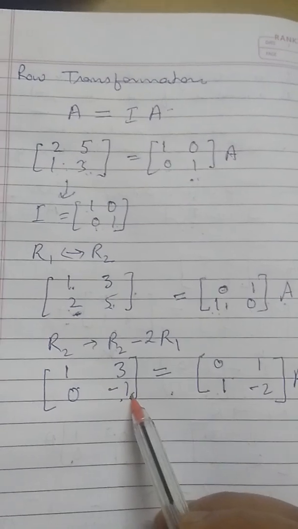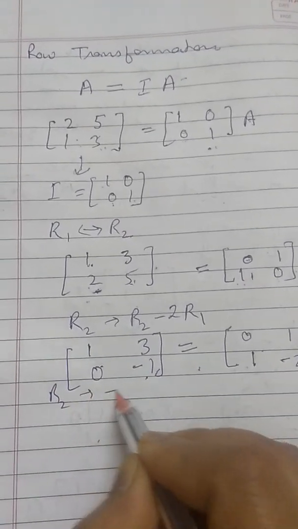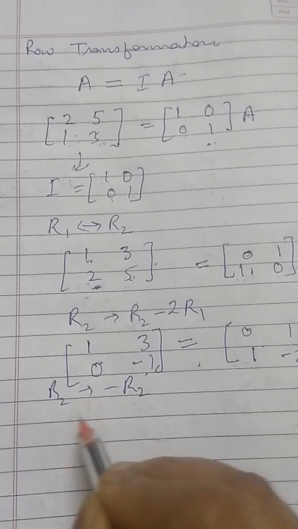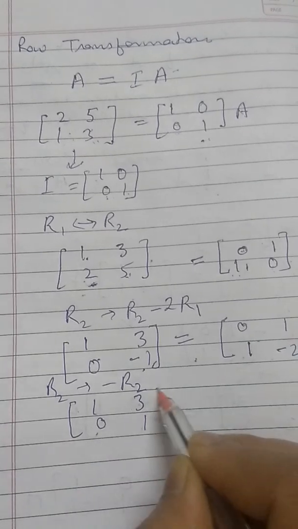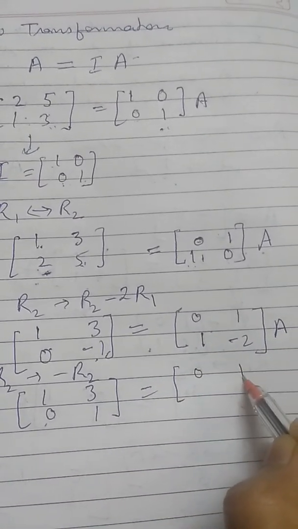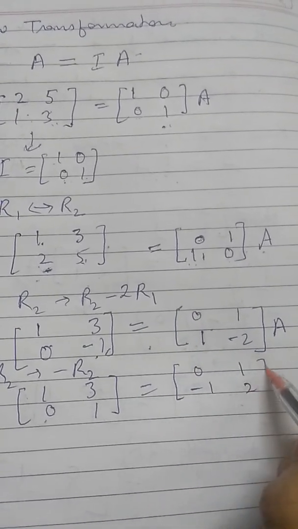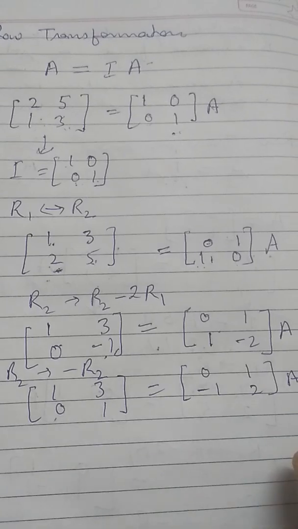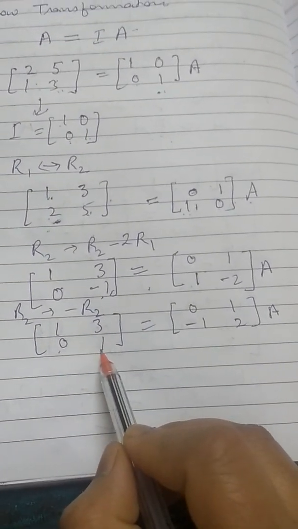To make it 1, multiply this second row by minus 1. Then it becomes 1 3, 0 1 is equal to 0 1, and multiplied by minus 1, it becomes minus 1 2, into A. Is it clear? And now this becomes 1.